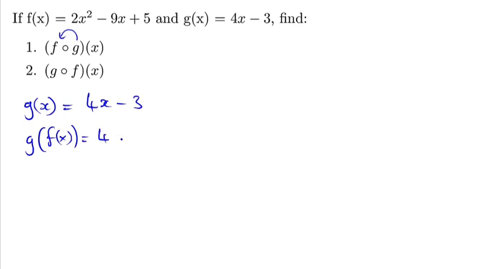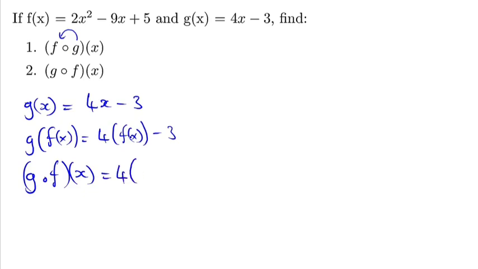Same thing here, we're replacing x with f of x. So this means that now g of f of x is equal to 4, so replace f of x here. Now remember, f of x is 2x squared minus 9x plus 5, then minus 3.